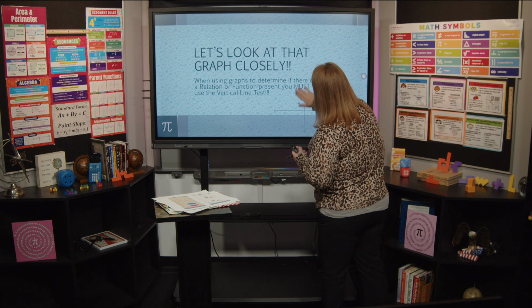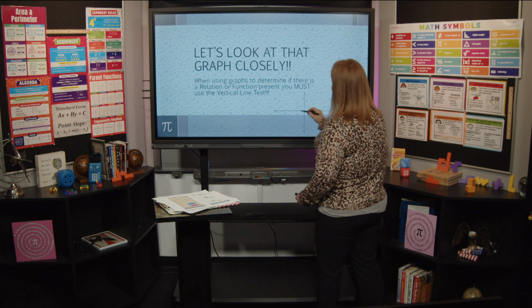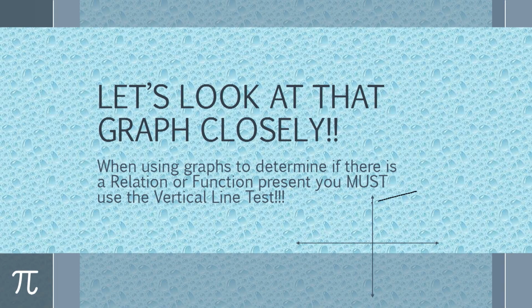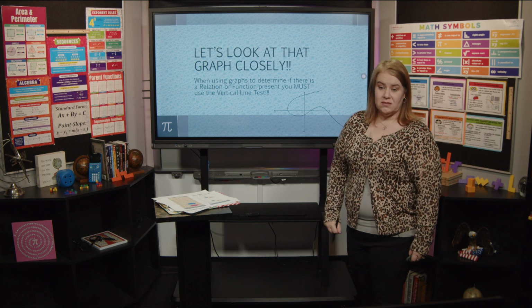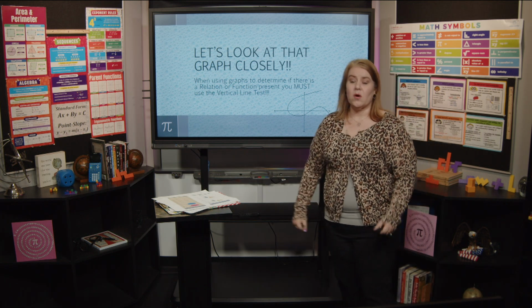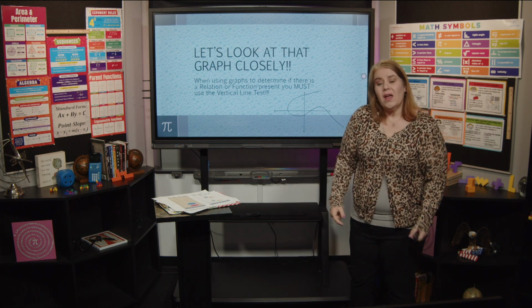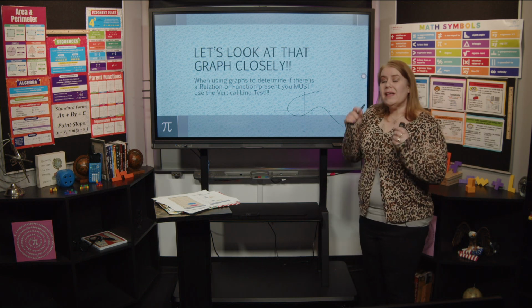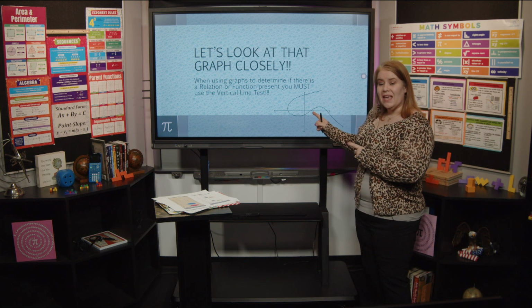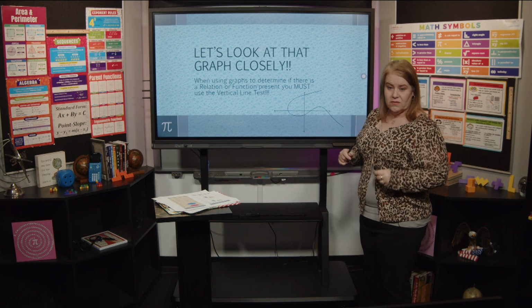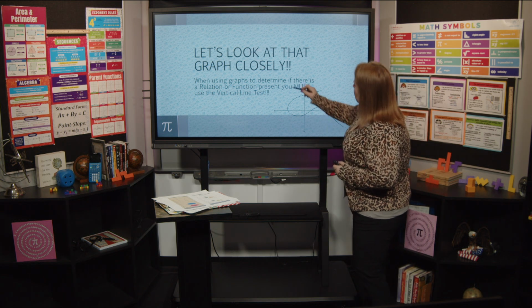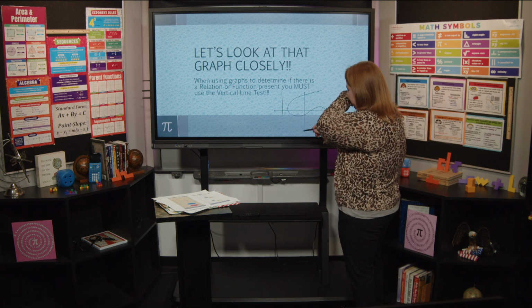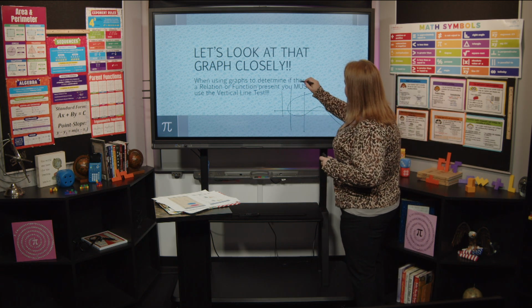What if I had a graph that looked like this? Well, Ms. Killen, that's really weird. It's not straight. Some of our functions won't be straight. Some of our functions, like the quadratic or the exponential, are not going to be straight. But we can look at those and this one to see if it's a true function using vertical lines. Let's look. I'm going to start my vertical lines here.